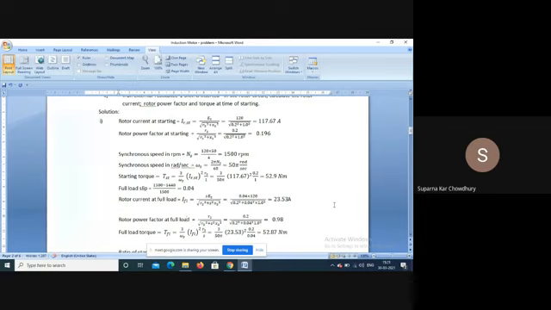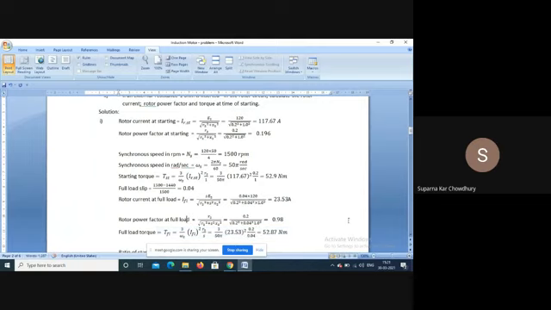So full load torque will be given by 3 by omega s into I full load square into R2 by S. So putting the values, 3 by 50 pi into I full load 23.53 square, R2 is 0.2 and S is 0.04.